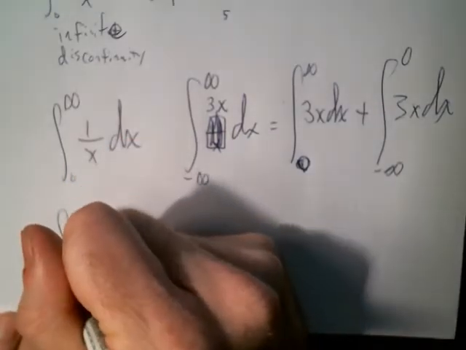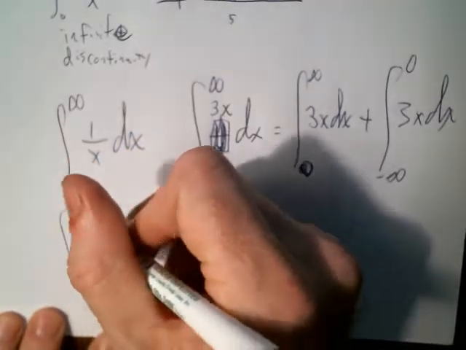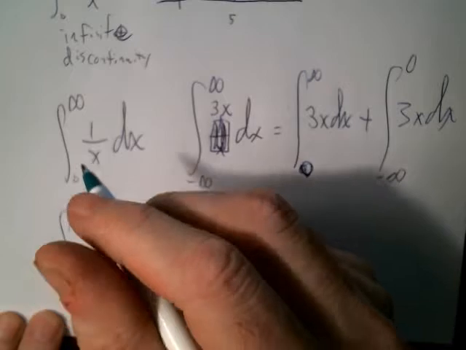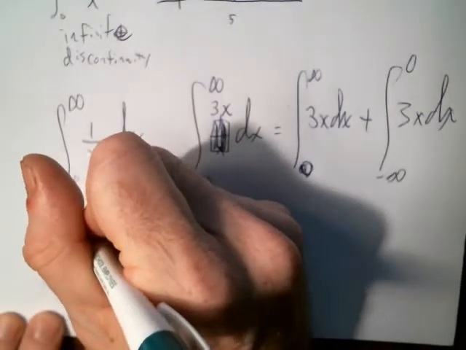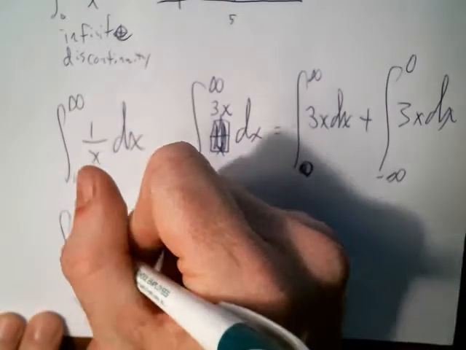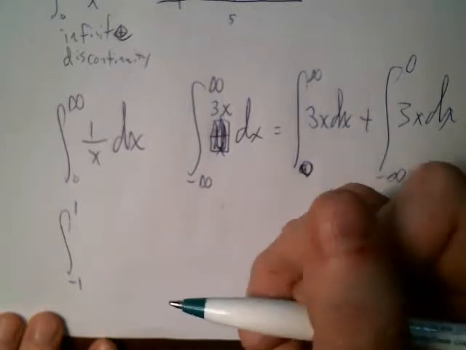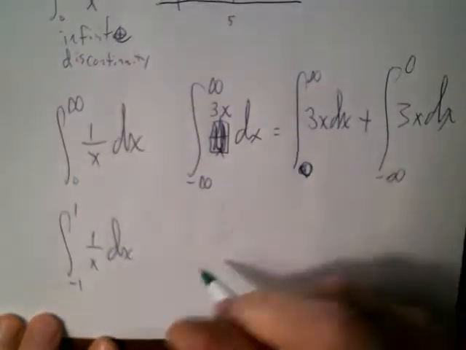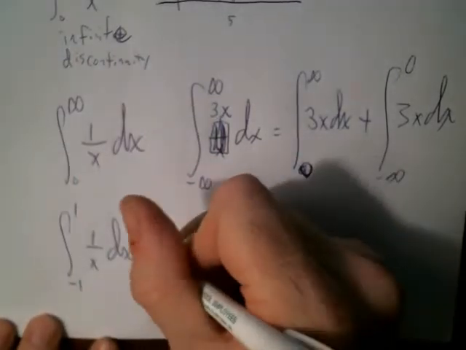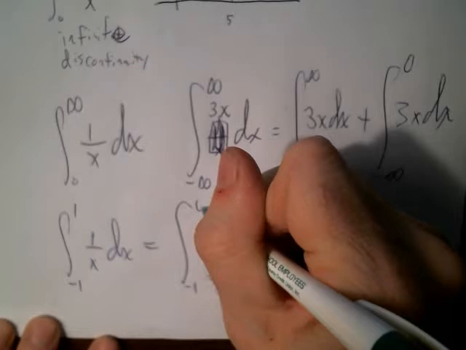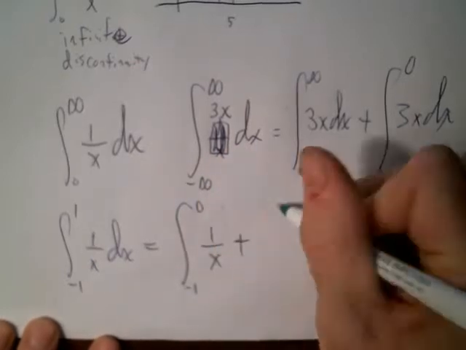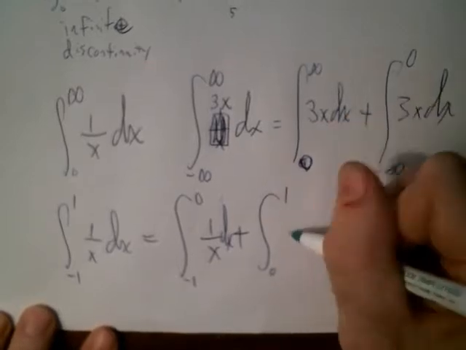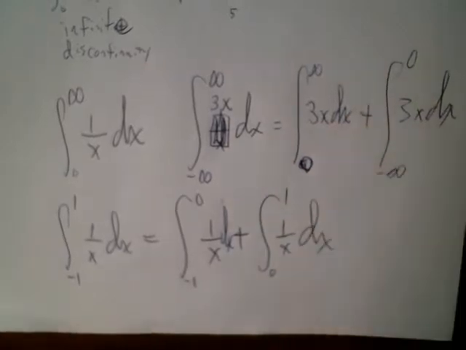Let's say I'm going from -1 to 1 of 1 over x dx. There's an infinite discontinuity at 0, so what they'll do is break it at that infinite discontinuity. So 0 to 1, 1 over x dx.